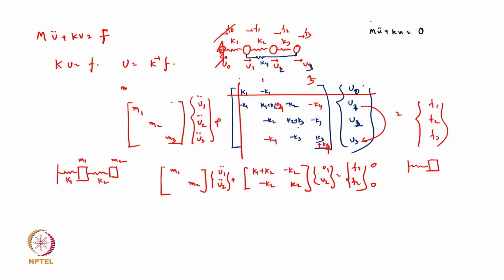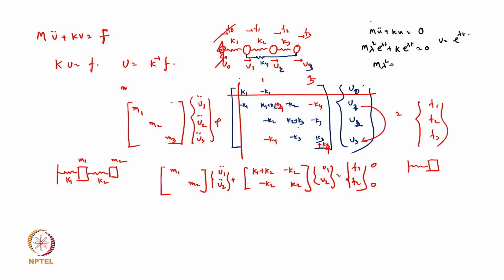So we try to find some portion before u which will become 0. We assume u equal to e to the power of lambda t. We substitute that, so we get lambda square e to the power lambda t plus k into e to the power lambda t, that is equal to 0.